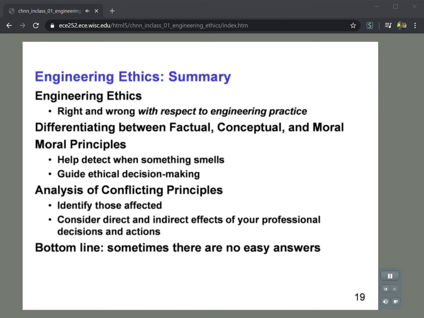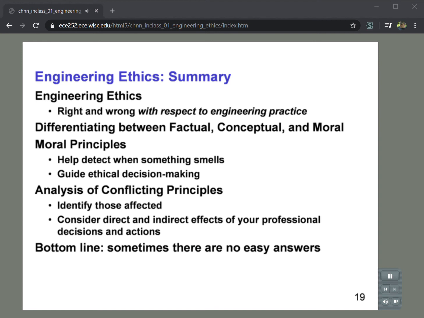If there is more than one ethical principle that's relevant, you have to do some analysis of the conflicting principles. You can try to first identify the ones that are relevant, that are affected, and then try to consider the direct and indirect effects of your professional decisions and actions on all of those individuals or entities that might be affected by those decisions.